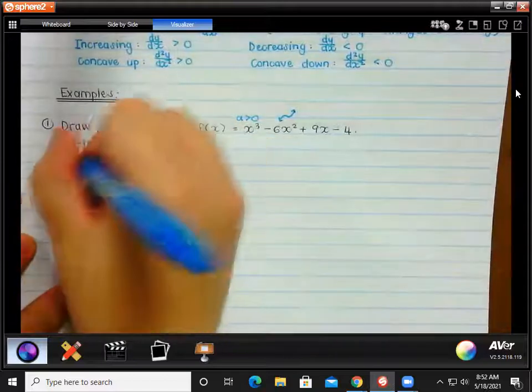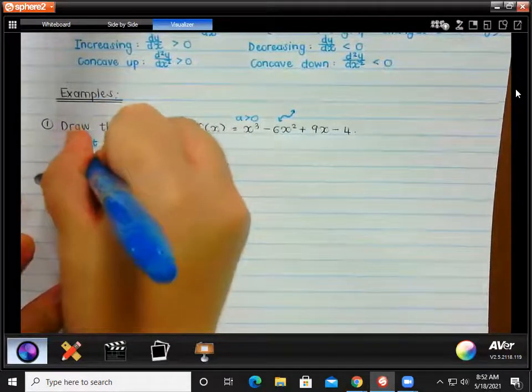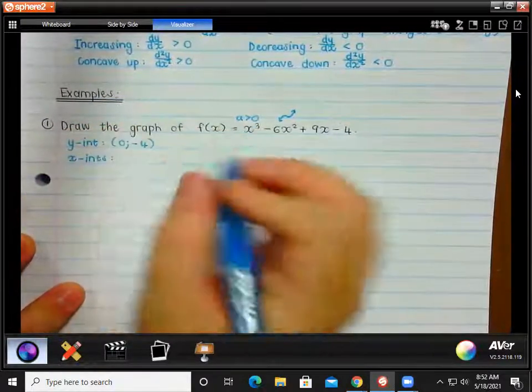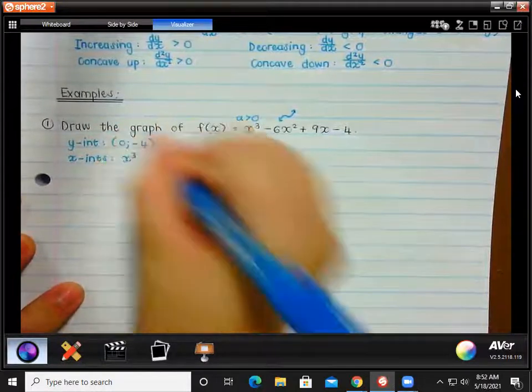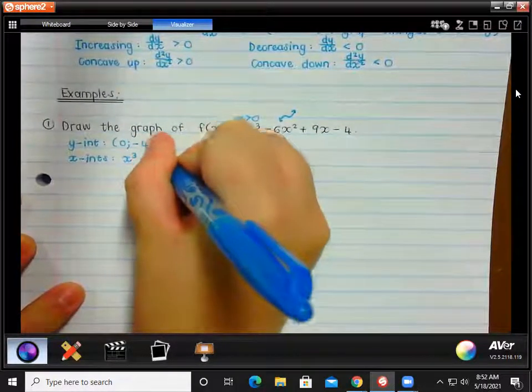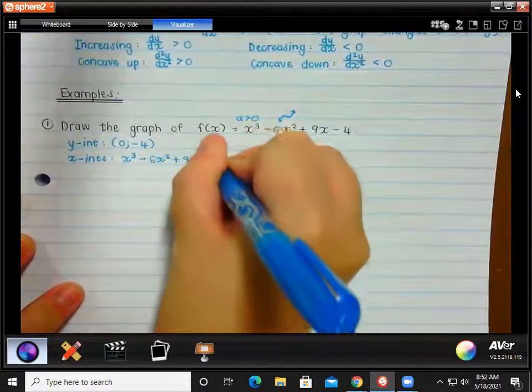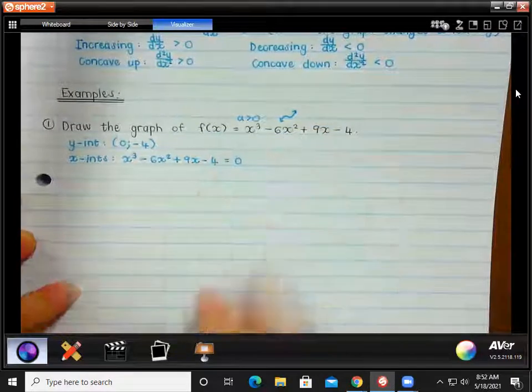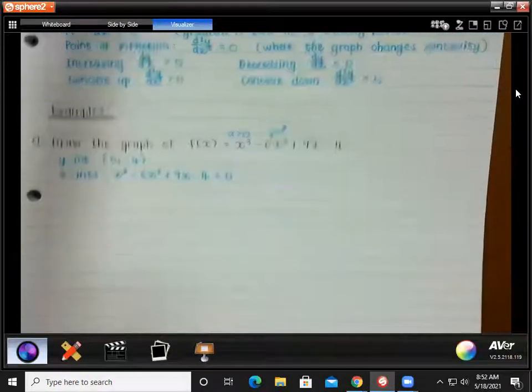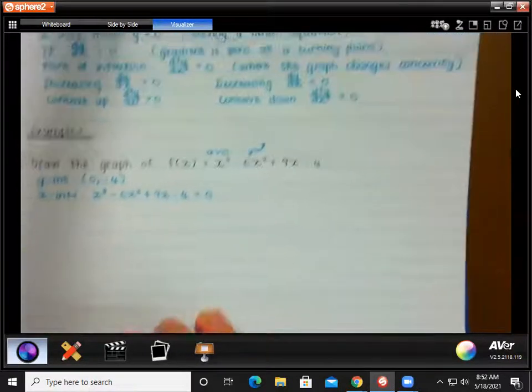Now we can find our x-intercepts. So we're going to make the whole thing equal to 0. Guys, I'm assuming that you will all just use your calculator for this. Am I making the correct assumption?